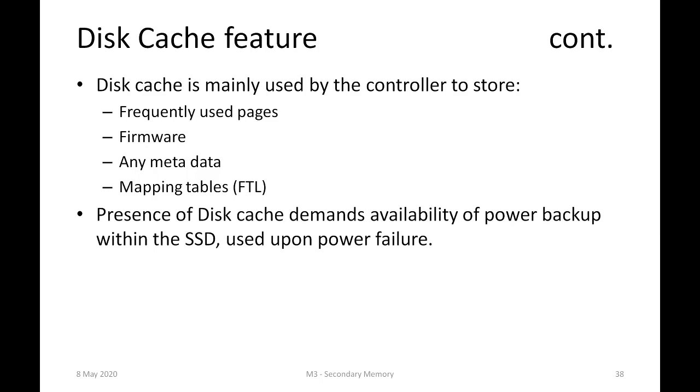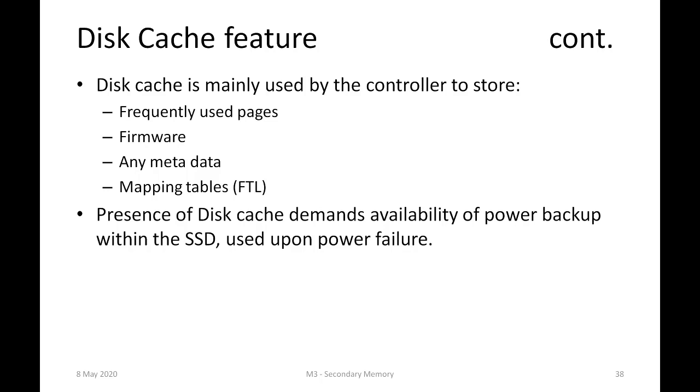Though disk cache has so many plus points, if we want to deploy a disk cache in the SSD, we need to make sure that there is an internal power backup within the SSD. Usually it's super capacitor based power backup.